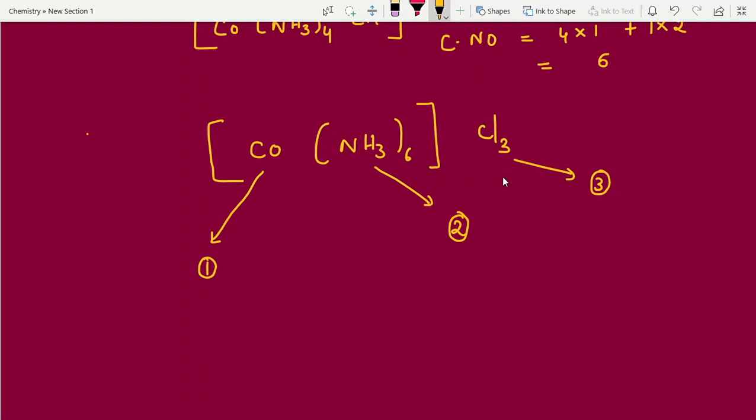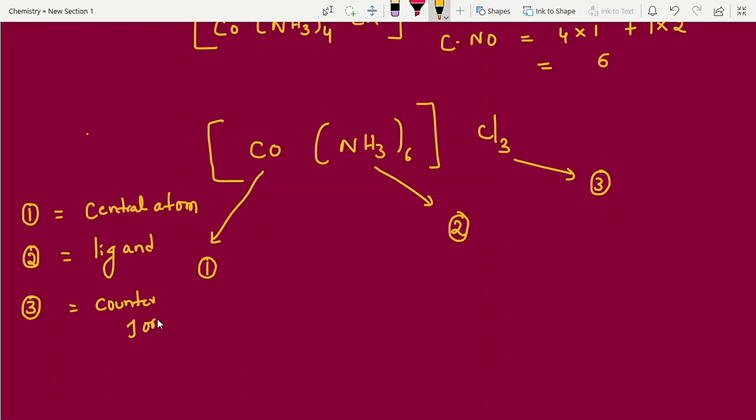First one is central atom. Second one is ligand. This is a homoleptic complex, right? Any complex, whatever it may be, we can write this point. Cl3 is counter ions. This is also represented by primary valency. Ligands are also represented by secondary valency.